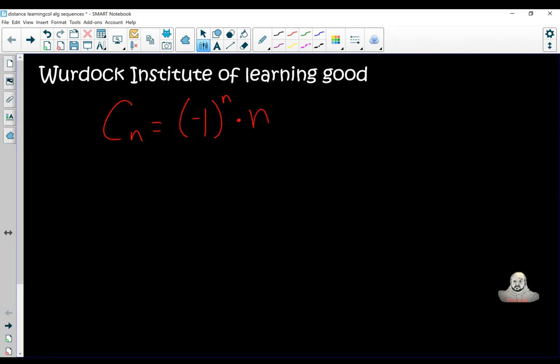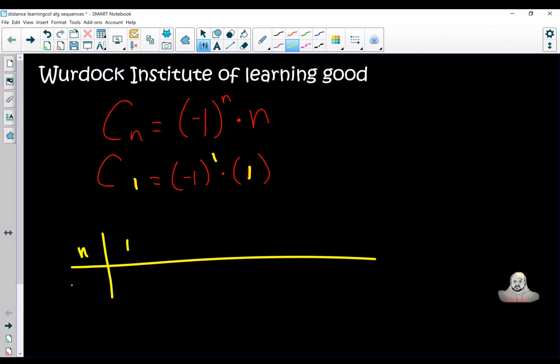When you put a 1 in here, you also put a 1 here, and you put a 1 there. So to figure out your first term, we're putting a 1 in those 3 spots. When I evaluate my first term, negative 1 to the power of 1 is negative 1 times 1 is negative 1.